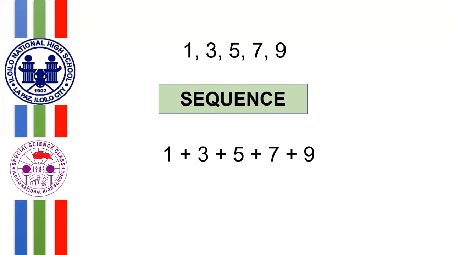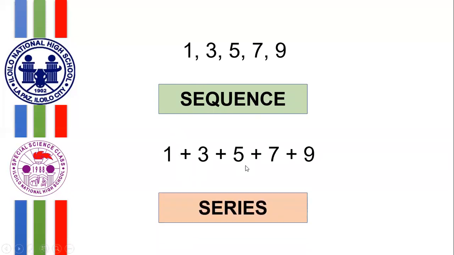How about if I have 1 plus 3 plus 5 plus 7 plus 9? What have you noticed? Based on the first one, it's actually the terms of this sequence, but what I did was add all of them. So if you are now adding the terms of a sequence, then you have what we call a series.